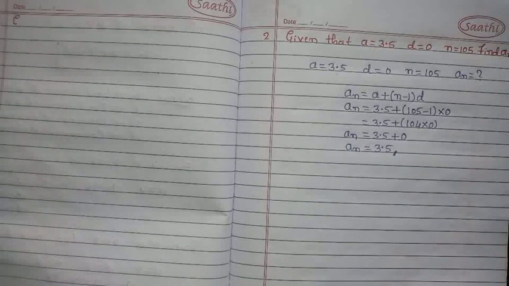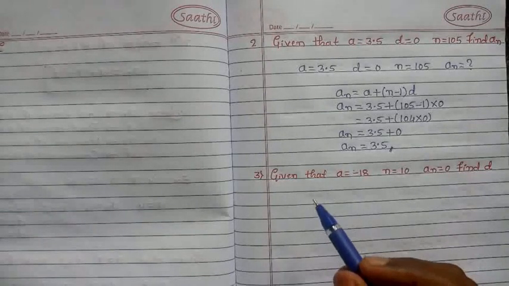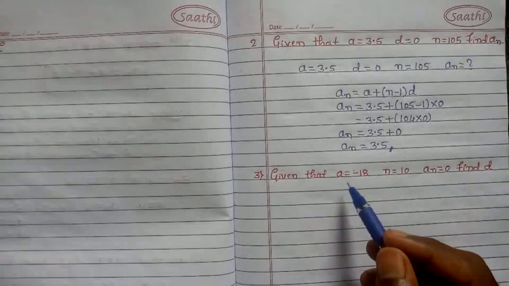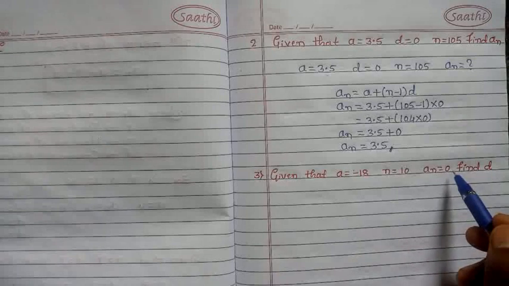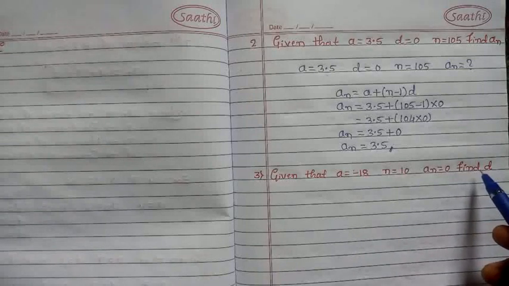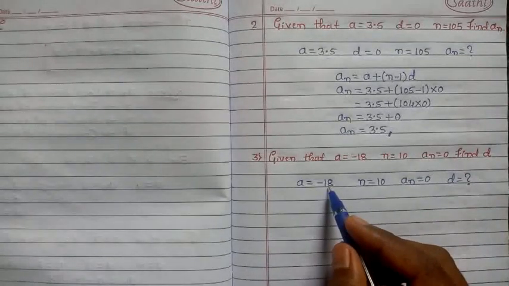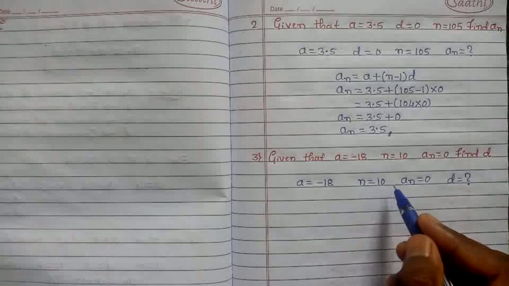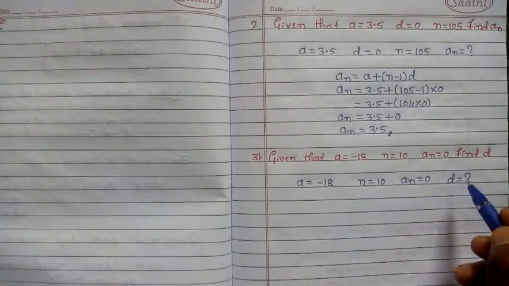Now consider another example. Here they are given that a is equal to minus 18, n is equal to 10, an is equal to 0. Then we have to find the value of d.